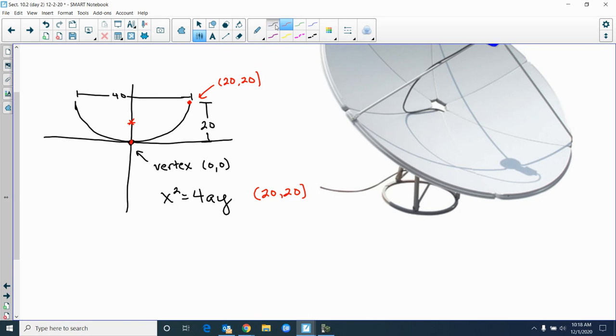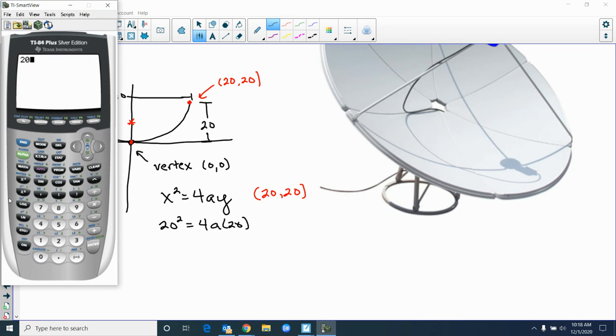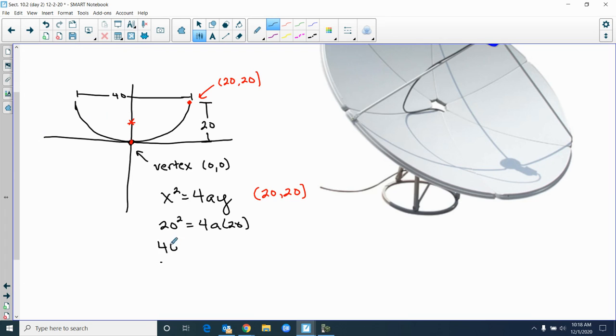And so it's going to become 20 squared equals 4 times a times 20. Well, what's 20 squared? That's going to be 400. And then 4 times 20 is 80. Divide by 80. I get a equals 5.